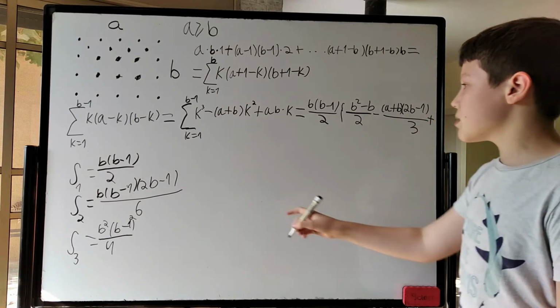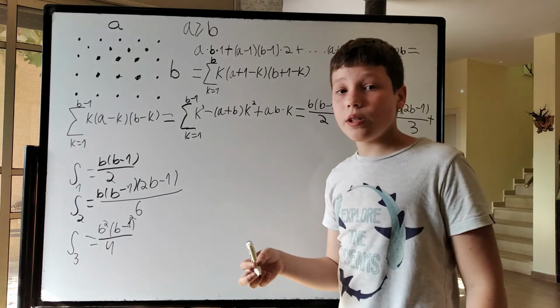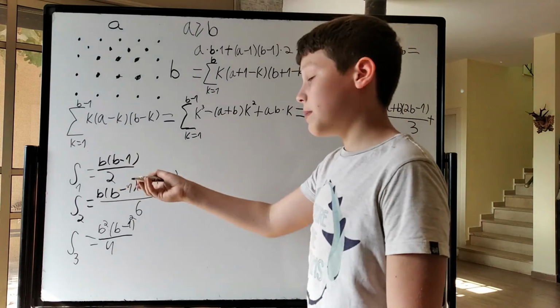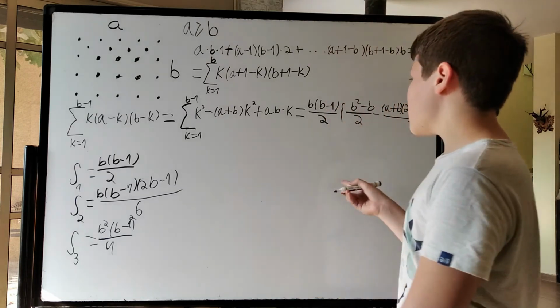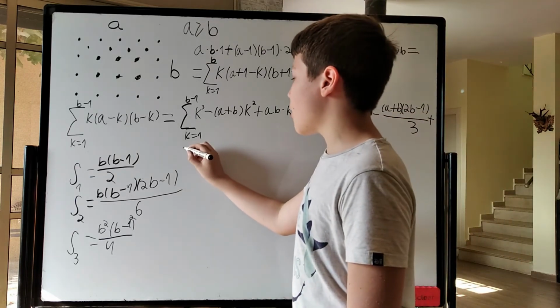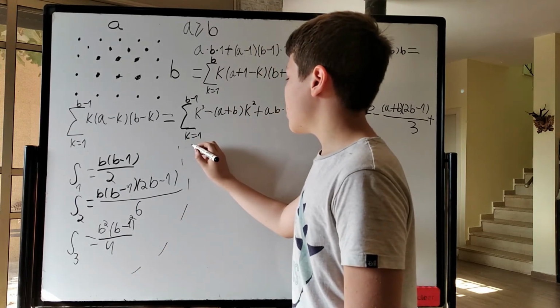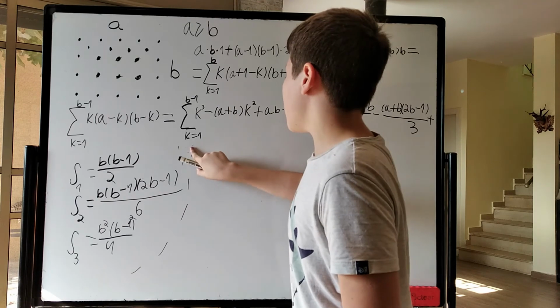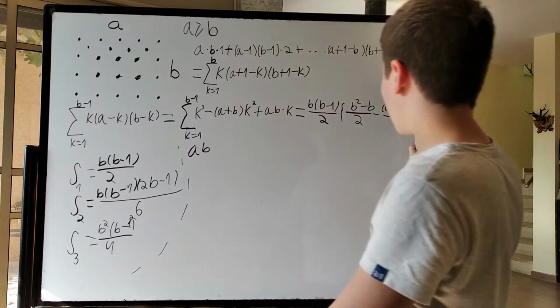And then plus, with the k, we just have b times (b minus 1) over 2, so taking that out, we have just the 1. In the sum, we just add the coefficients, plus ab. This is a continuation of this.